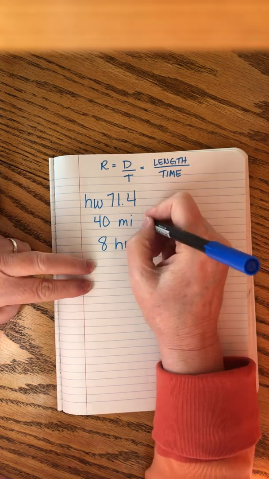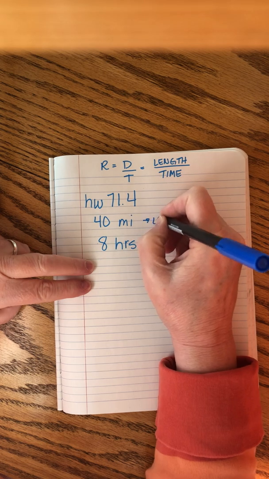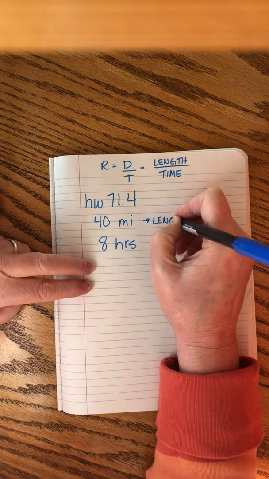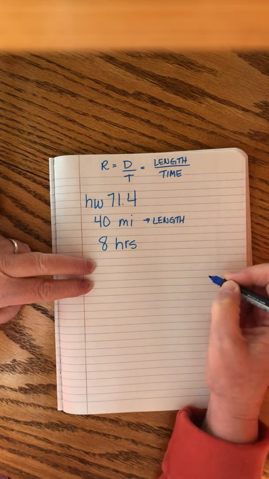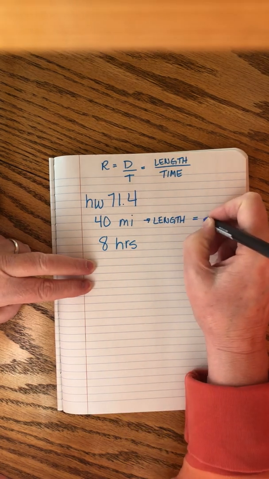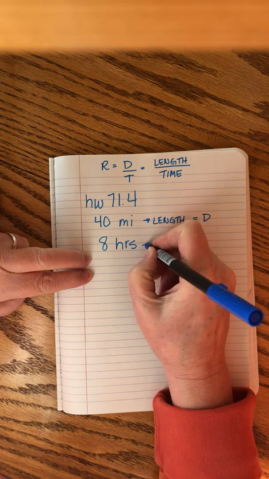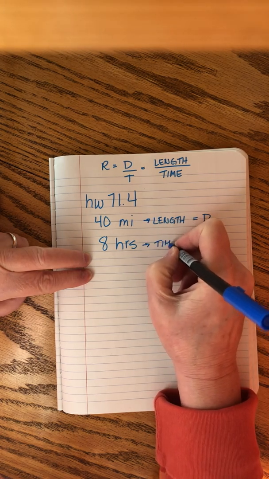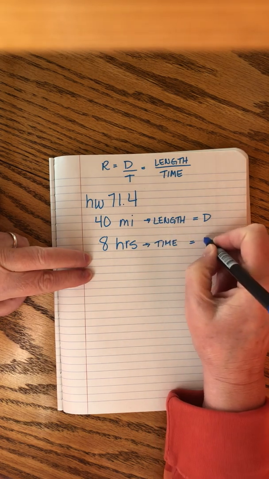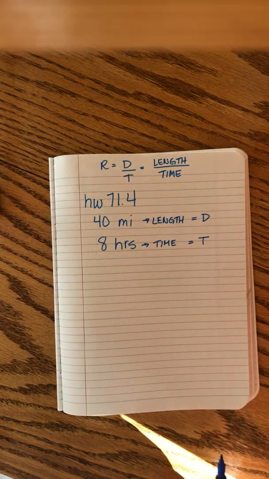But look, this is a measure of length, right? Miles measure how long something is. And so that tells us that this is our distance. Hours is a unit of time. So that tells us that this is the value we should use for t.